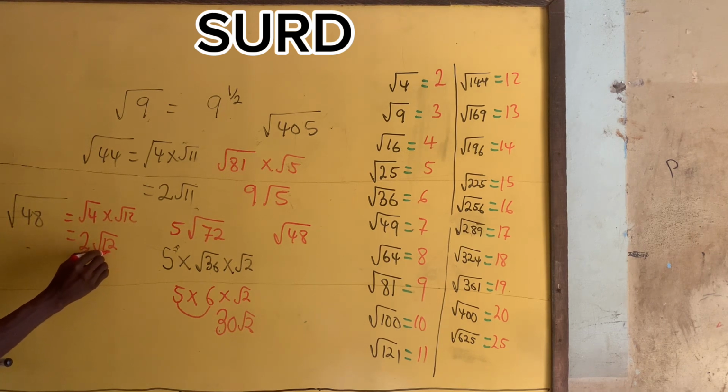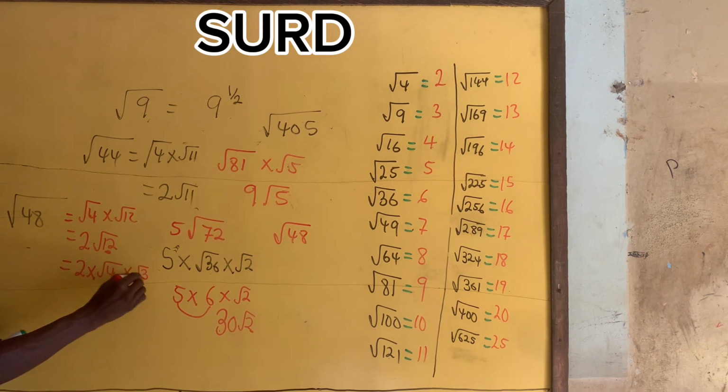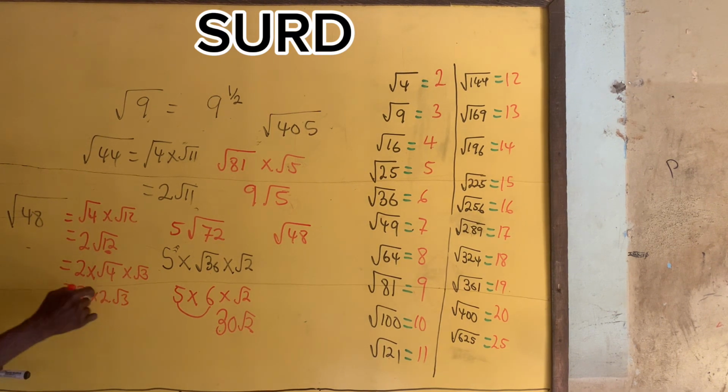But 4 can also divide this 12 again. So this is 2 times square root of 4 times square root of 3. And this is 2 times 2 root 3, because square root of 4 is 2. 2 times 2 is 4 root 3.